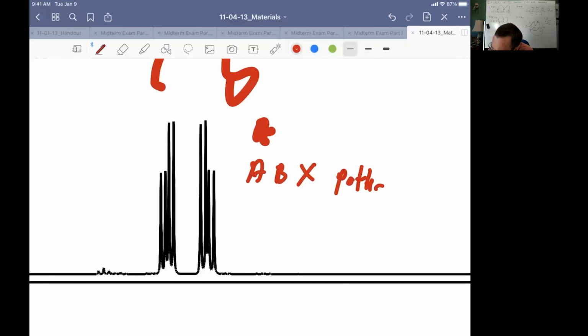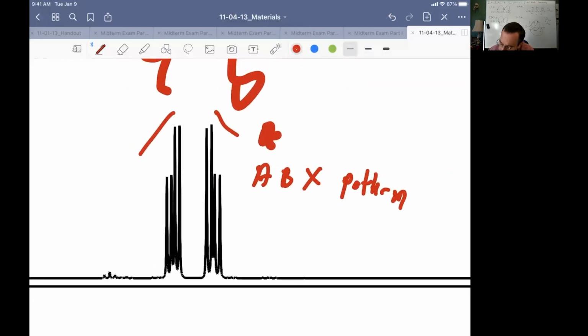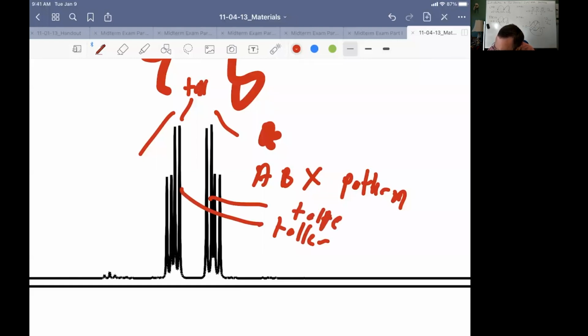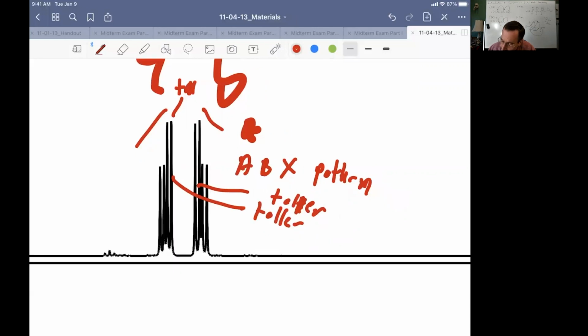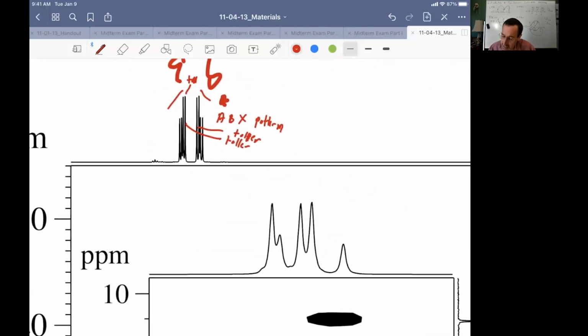And you notice in an ABX pattern, very often you will see the resonances tenting into each other. You'll see that the inner lines are taller than the outer lines. I guess I can't write that small, but I'll say taller and taller. In other words, it's not just a doublet of doublets. Each of these is a doublet of doublets that are tenting into each other.